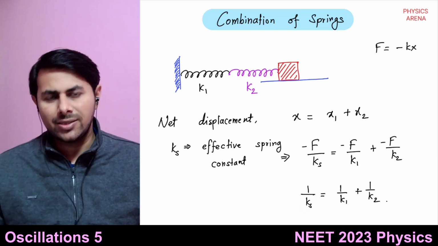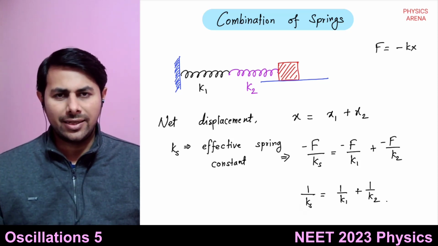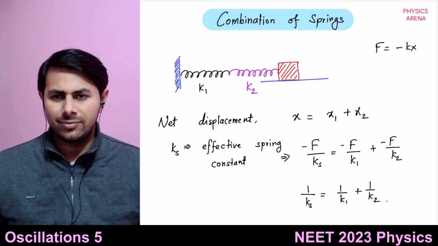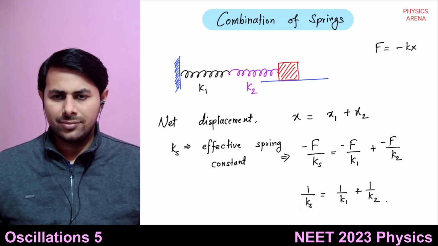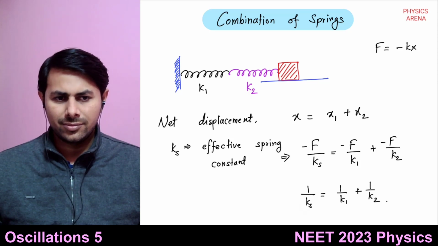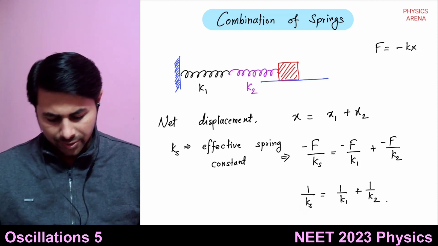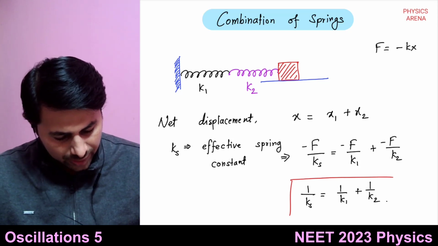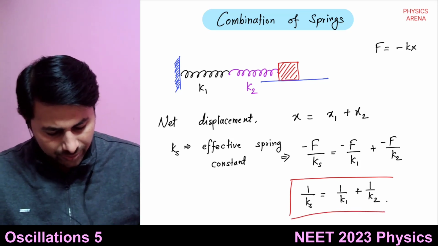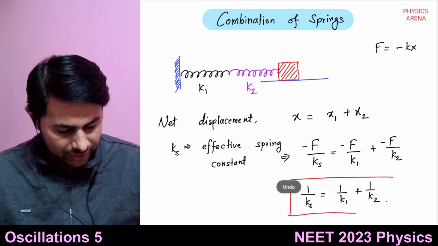If there are more springs, then it will be plus 1 upon K3, and so on and so forth. Is this thing clear? All right, good. So this is the resultant spring constant of the series combination.